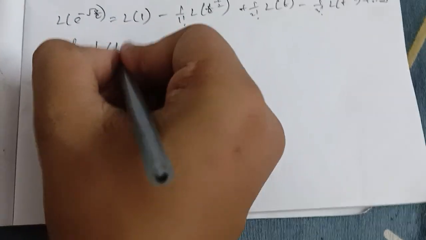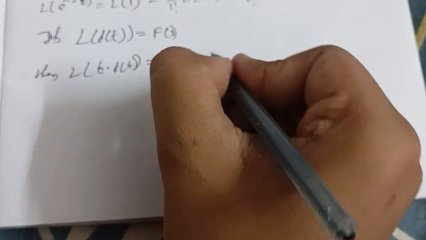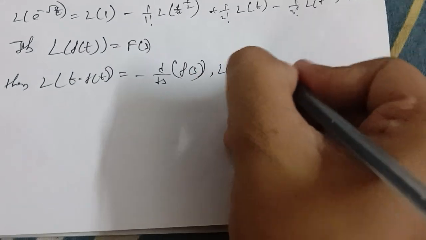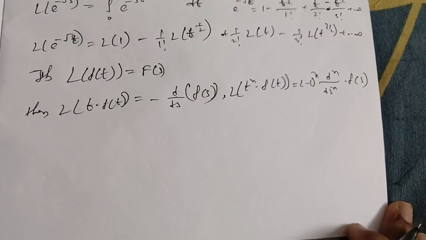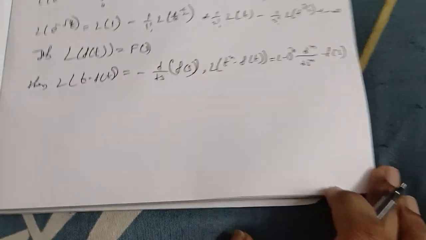If Laplace of f(t) is equal to F(s), then Laplace of t times f(t) is equal to minus d by ds of F(s), and Laplace of t power n times f(t) is equal to minus 1 whole power n, d power n by ds power n of F(s). Where this proof comes from, I will show later; first I'll do some questions.